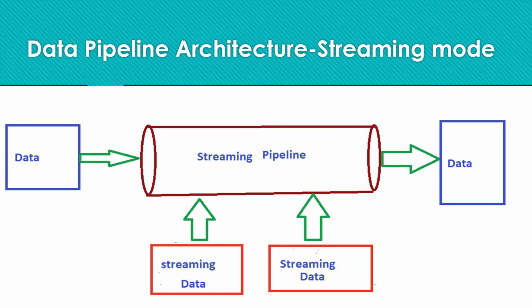But in the streaming architecture, when the source generates the data, it is directly connected to our pipelines, so it is not stored in any physical media. The data is sent directly to the pipelines, so it's kind of live data. This method involves a cost in performing the data extractions. Normally, software like Spark is used to build these pipelines.